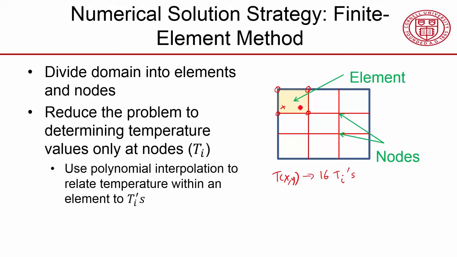So the interpolation is more complicated. It'll be a bilinear interpolation in this case, but the idea is the same. I think of this value as a weighted average of these 4 values, and the weights for each of these values are given by the so-called shape functions, for those of you who have seen shape functions.